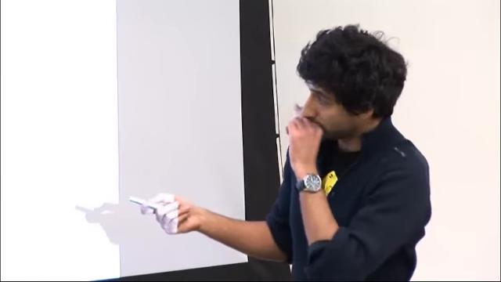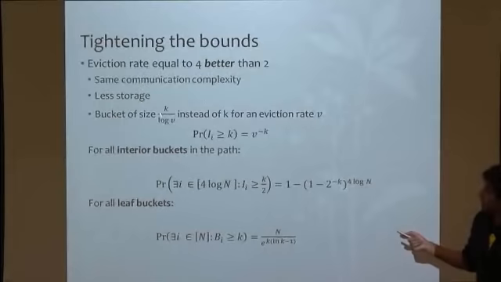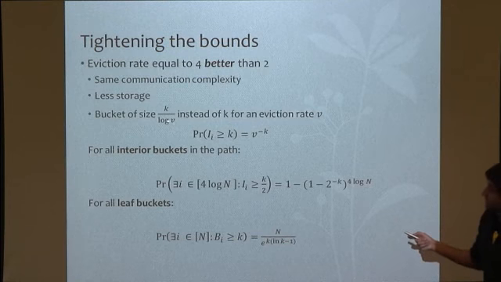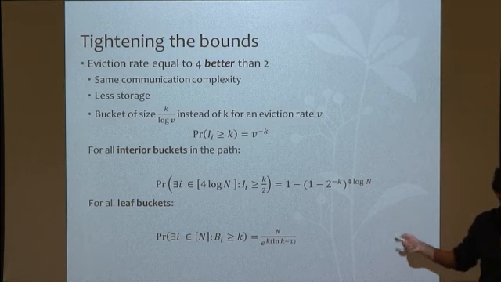Whenever you are downloading the path, you have a block size which is half, and you have the same communication complexity. But we have less storage with an eviction rate equal to 4, because you are reducing the block size. And since you have a fixed number of nodes, you are reducing by half just for the interior nodes, the storage, which is better. With the bucket size k over log base 2 of the eviction rate, instead of k. So if we choose an eviction rate of 4, we are dividing the block size by 2.